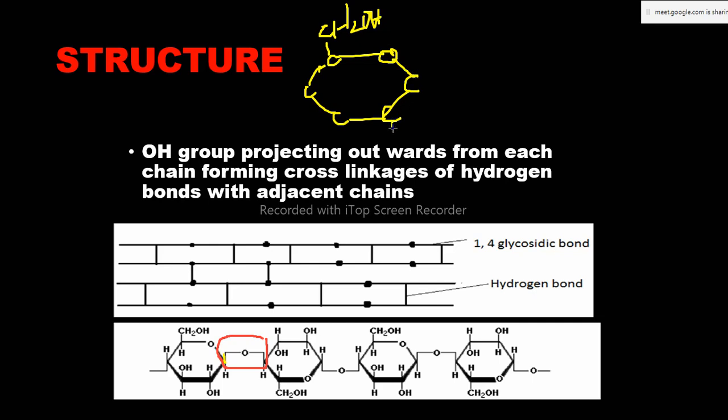And then this one is OH, and then this one is H. They do alternate, OH, and then H, now OH, and then H, and finally H. Now on carbon number 1, since it's beta glucose, the OH is above and the H is down.